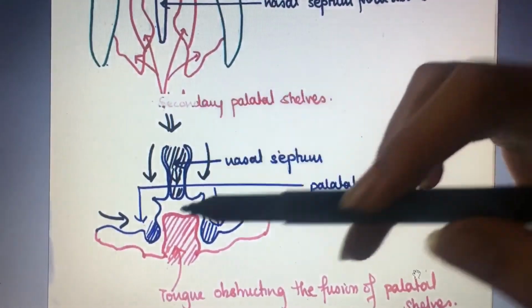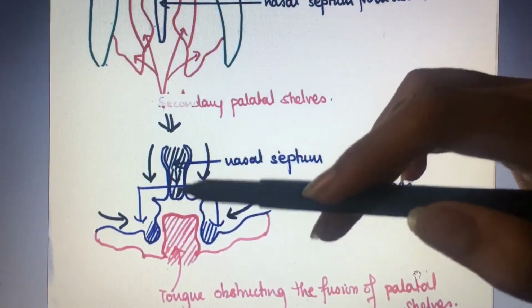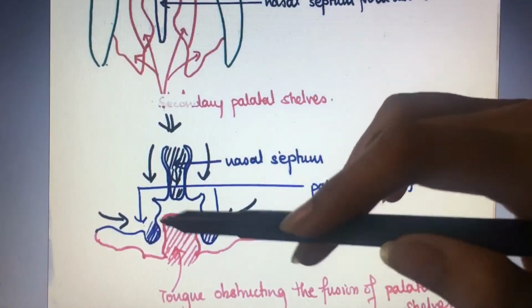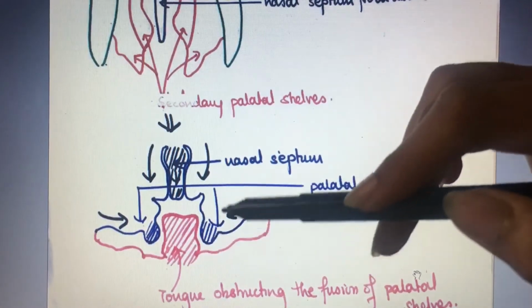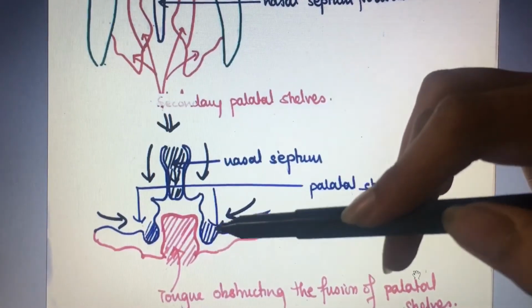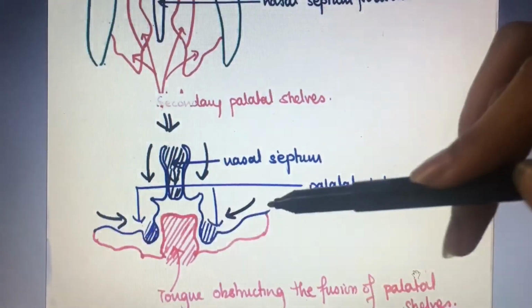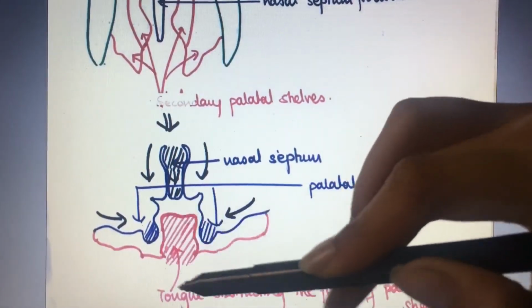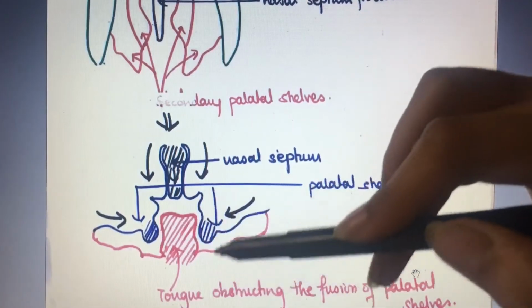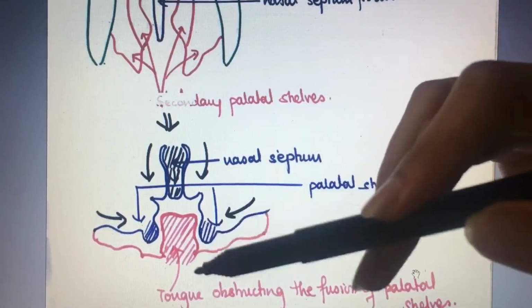As you can see in this diagram, this is the nasal septum which grows downwards. These are the two palatal shelves which grow towards each other, but the fusion of these two palatal shelves is obstructed by the growth of the tongue.